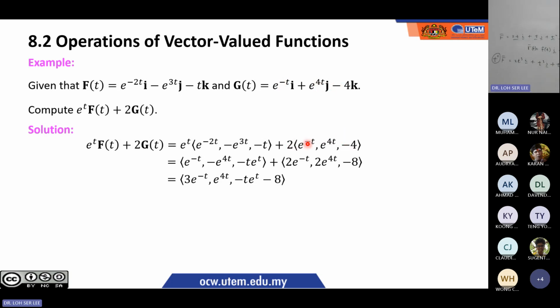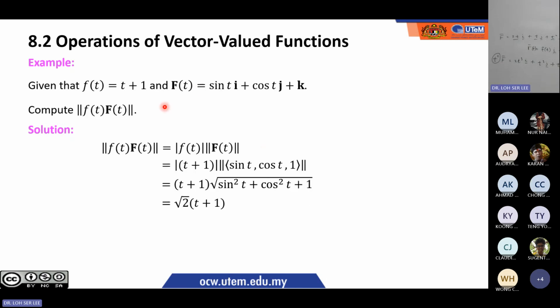Then finally, you sum up. When we sum up, it means the component function of i plus the component function of i, the component function of j plus the component function of j, and the same for the last one, component function of k. So these are very simple basics. So far, any questions?